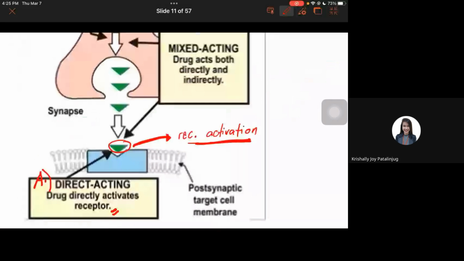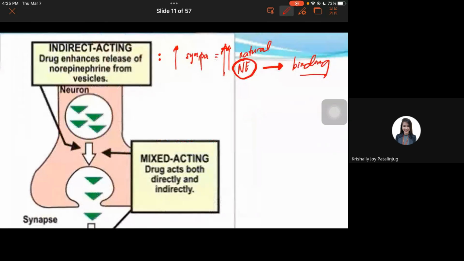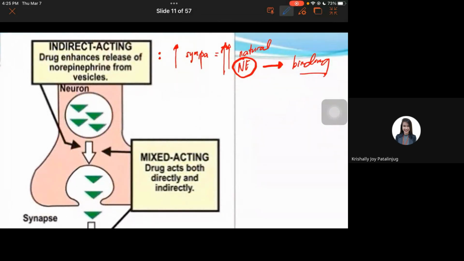Kanina, dito sa direct acting, di ba, ang drug mismo yung kakabit sa receptor. And then gagayahin niya kung ano man yung effect ng isang natural norepinephrine. Imimimic niya yon. Okay? Sige. Now, with regards to indirect acting na mechanism, pwedeng there are different ways, no?